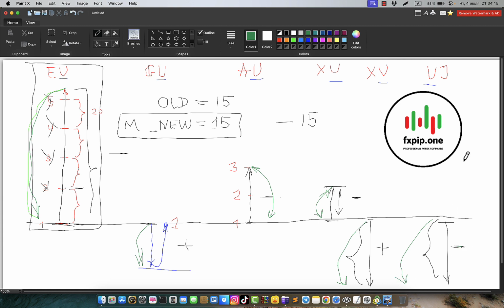And we will sum them, and we divide them by how many pairs we trade. We divide them by 7 USD pairs. For example, we will receive some sum of distance, okay? That will be green, the sum of distance, and we divide it by 7 USD pairs if you trade USD pairs.